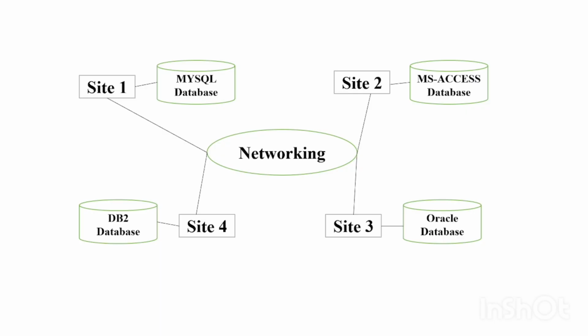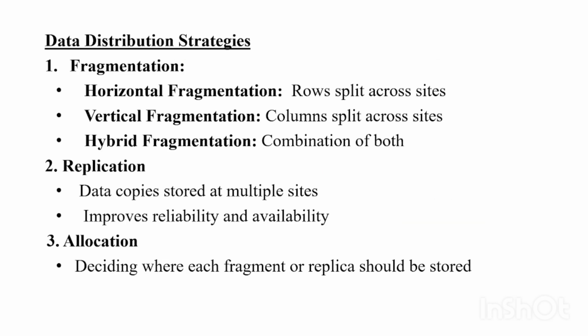Still, they are connected and work together as one system. Think about a large company: the HR department uses one database, the sales department uses another database, and the accounts department uses a different database. These are all connected through the middleware, which helps them communicate and share data between those sites.